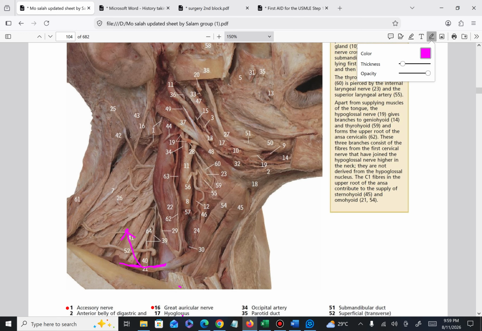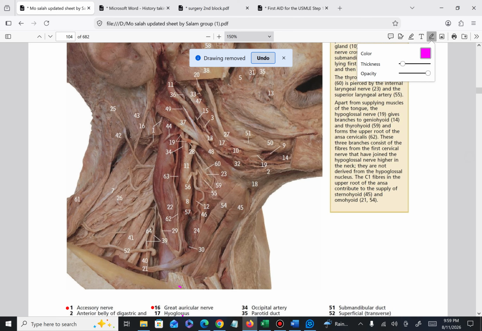Superior to the inferior belly of the omohyoid muscle is the larger triangle, which is the main posterior triangle, also known as the occipital triangle. Inferior to it is the smaller triangle, which is called the subclavian triangle. Now, the contents of the posterior triangle: it contains the spinal accessory nerve.